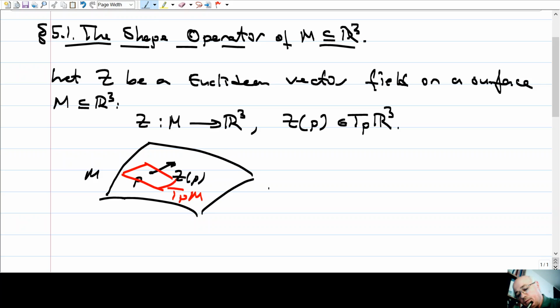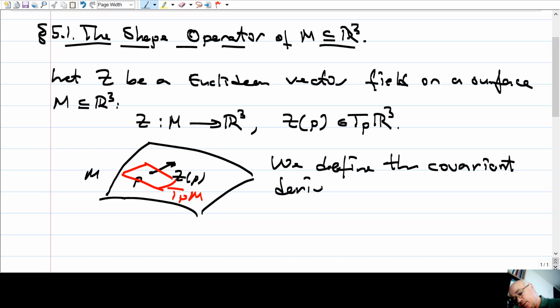so we have a vector field, and then we define the following object. Actually, we defined this before, but we just remind. We define the covariant derivative of Z at p along a vector v.